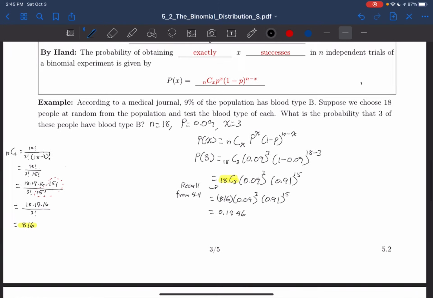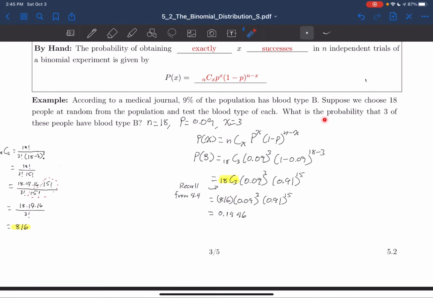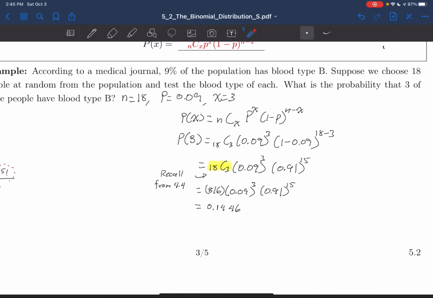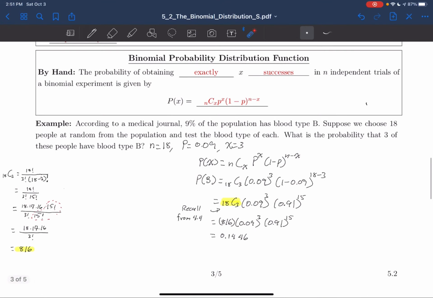So in words, the probability that 3 of these people have blood type B is 0.1446, or if you like percentages, you could say 14.46%.